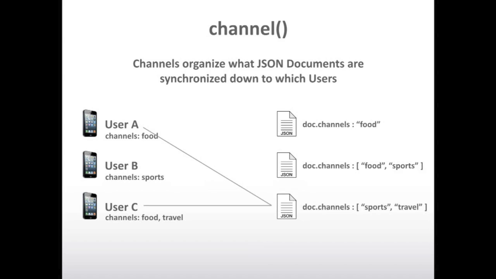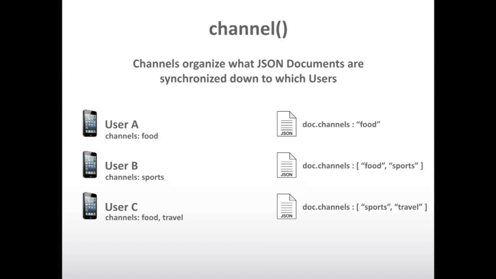You can also have a chat channel between two users, and they're both associated with that channel. So when they each create documents that are their next chat message, they'll get synchronized down between the two users.